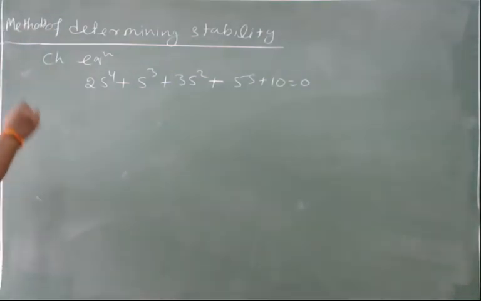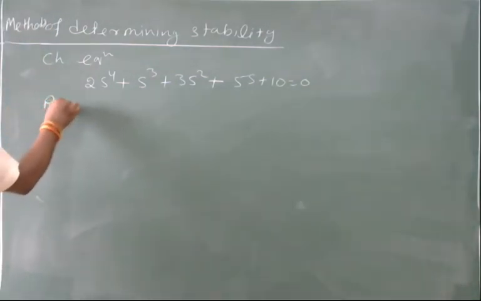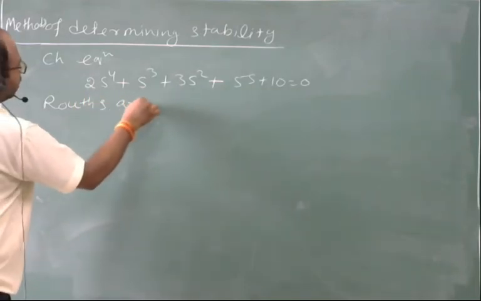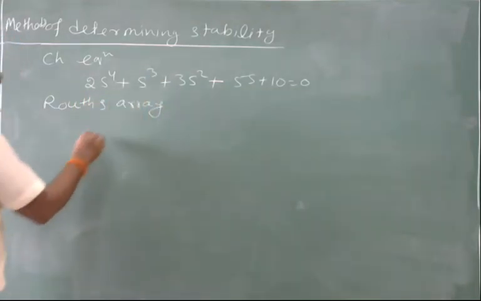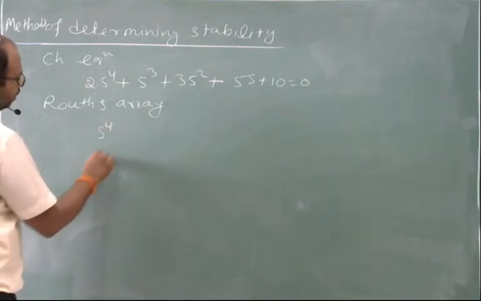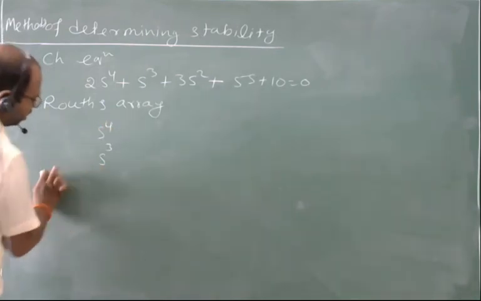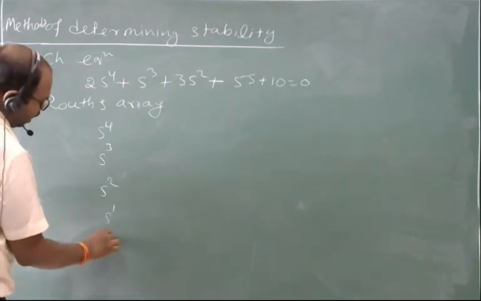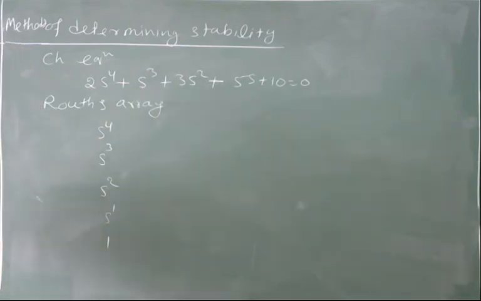So make a Routh array: s^4, s^3, s^2, s^1 and s^0.